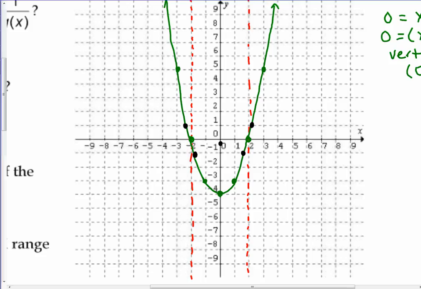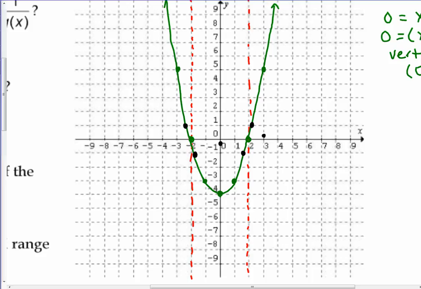Are there any other points we could take the reciprocal of that we have? Yeah, sure, the points 3 and 5. What is 3 and 5 going to become? 3 and 1/5. The x stays the same, we just take the reciprocal of the y value. So that y value of 5 turns into a y value of 1/5.